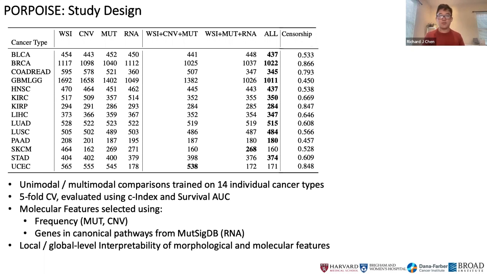There were some samples where, if we used everything, it would lead to too much dropout. For example, for certain diseases like endometrial carcinoma, we didn't include RNA-seq because going from copy number variation and mutation to everything, we lost around 400 samples.